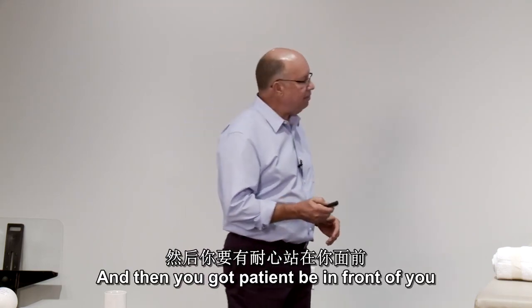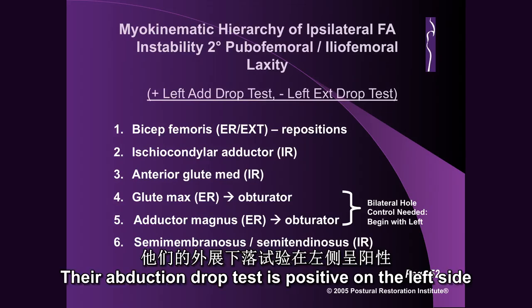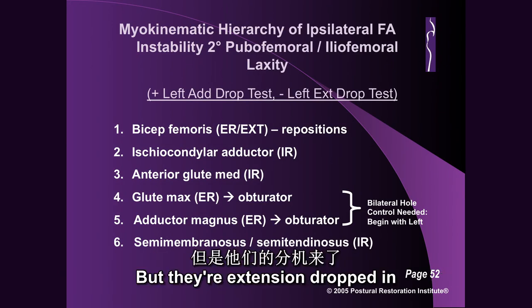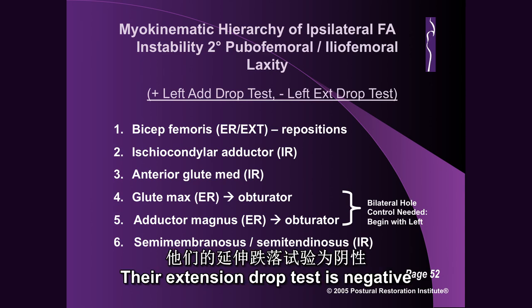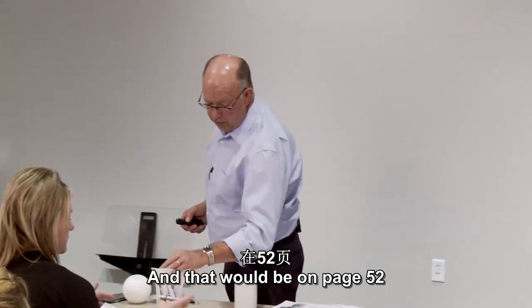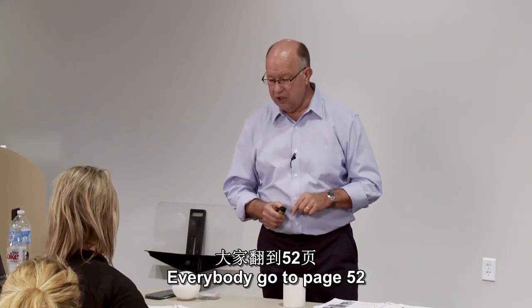And then you got patient B in front of you. Patient B has a problem. Their adduction drop test is positive on the left side, but their extension drop test, and it's in your manual, we're going to get to it, their extension drop test is negative. And that would be on page 52. Everybody go to page 52.